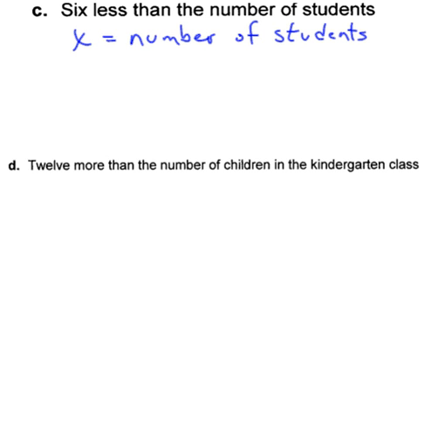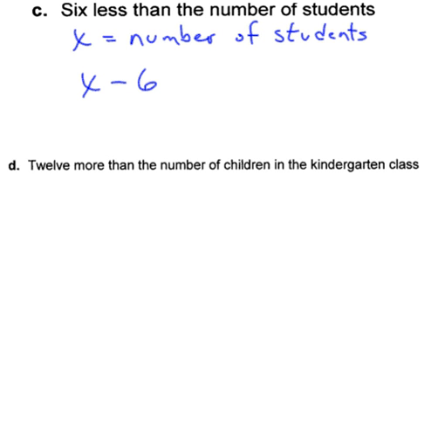And then 6 less than the number of students is going to be x minus 6. You have to be careful. You might be tempted to say 6 minus x. That's a very different expression. 6 less than the number of students is really x minus 6.